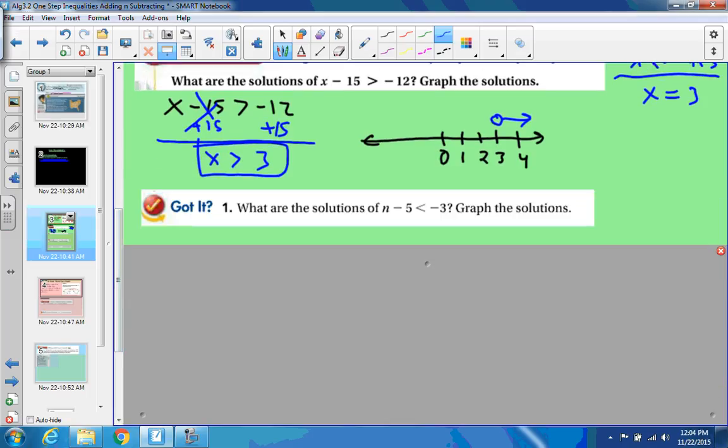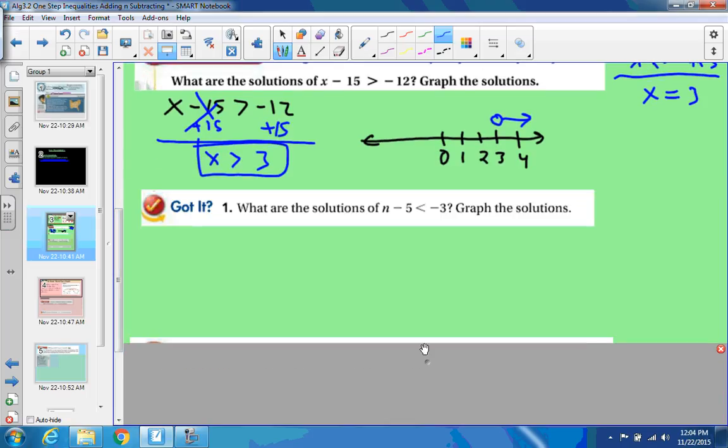So I want to have you do the same thing with the second one. Try to solve this one on your own and graph it. So you have n minus 5 is less than negative 3. Your addition property of inequality would be to add 5, because negative 5, or minus 5, and positive 5 cancel each other out.